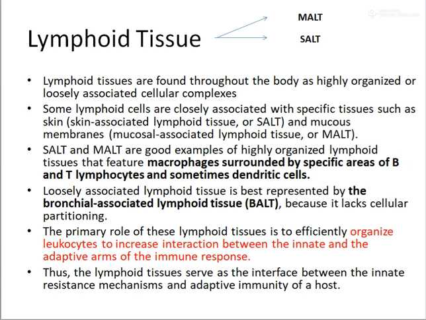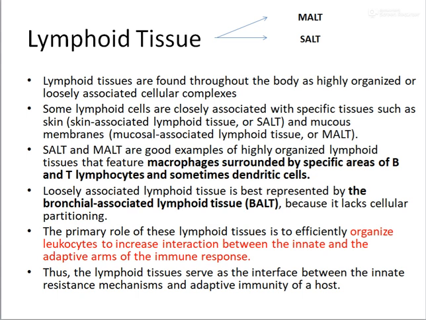So, the lymphoid tissue is not exclusively for one type of immunity; both humoral as well as cell mediated immunity can contribute in the lymphoid tissue.